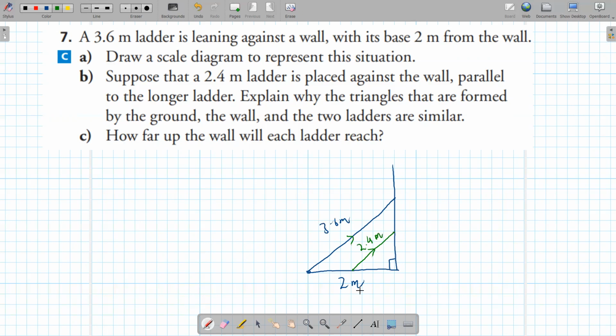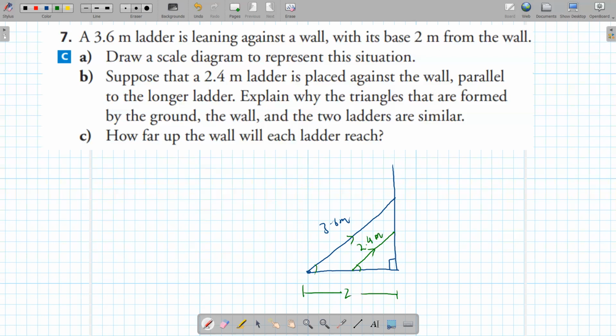The first question is, explain why the triangles formed are similar. They both have right angles and the same front angle. Yeah, exactly. So they're similar. Equal would mean they're congruent, but they're not congruent because they have different side lengths. You can remember that from here to here is 2 meters.